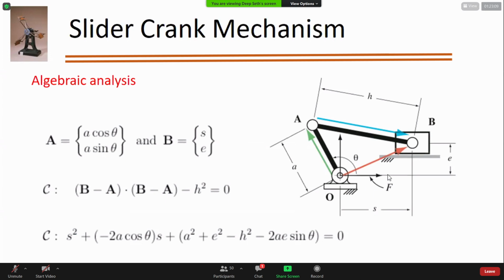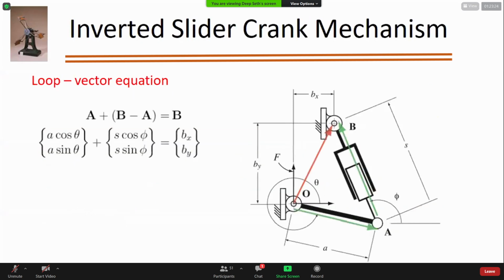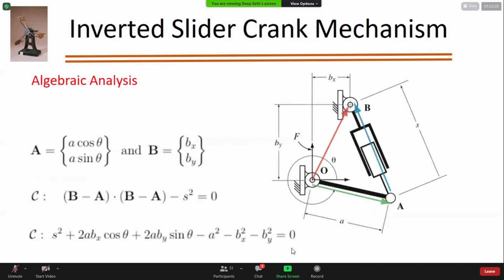This S is the change of slider position from origin, and you had a coupler length H there. But in this example, you don't have a coupler length H in the equation, so the coupler and fourth link are in the same place.